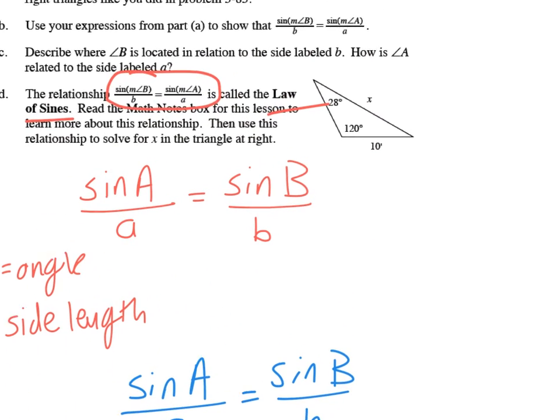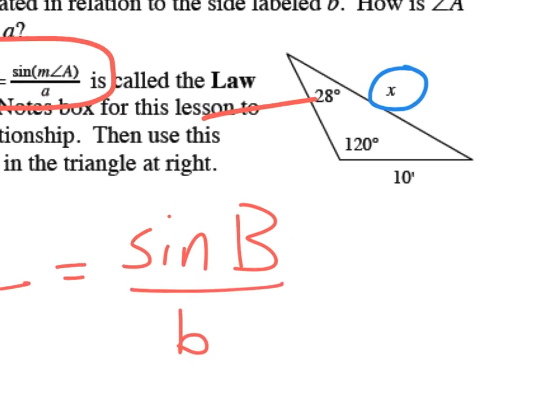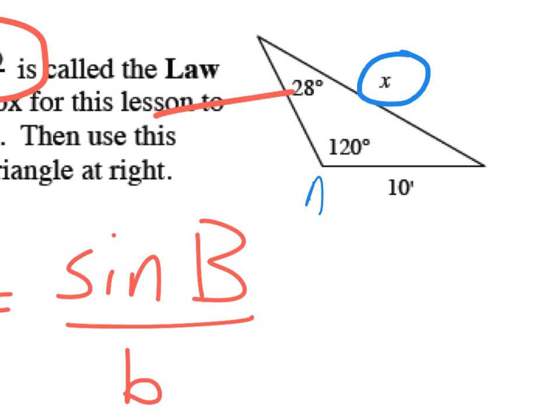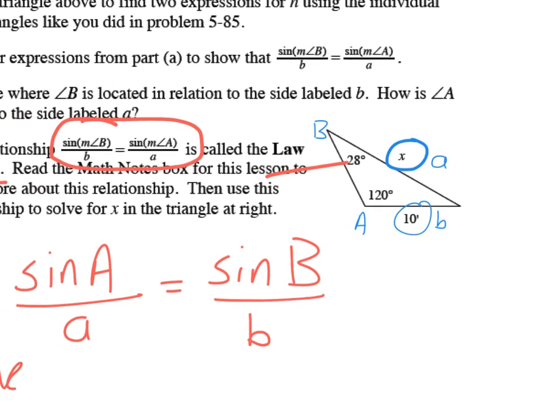So if you're trying to find side length x right here, I'm going to call this angle A, which would then make this little a. And I'm going to call this angle, 28 degrees, B, which would make this little b.